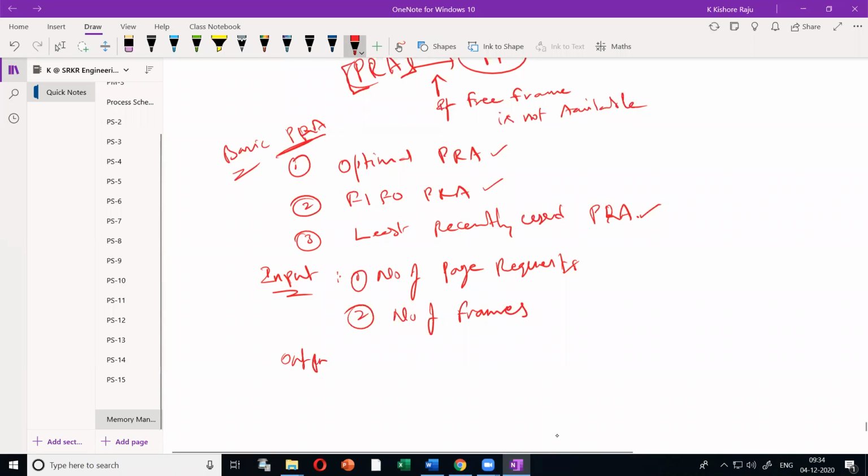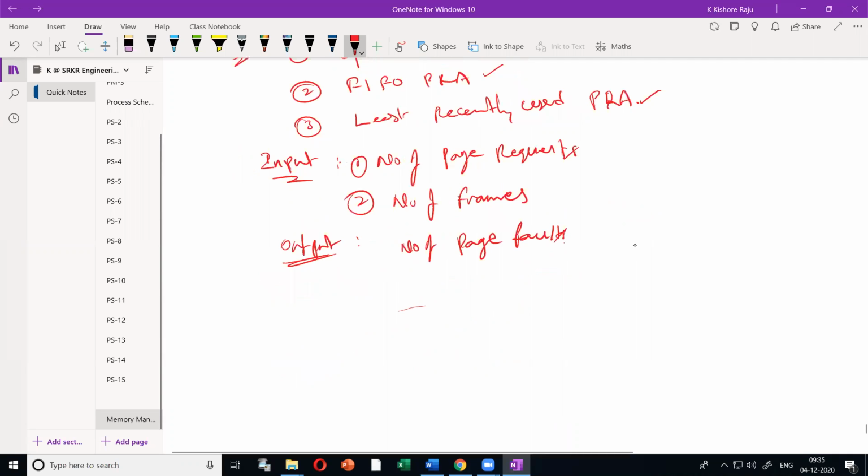Then the output is the number of page faults. For any particular page replacement algorithm, the duty is to minimize the number of page faults.